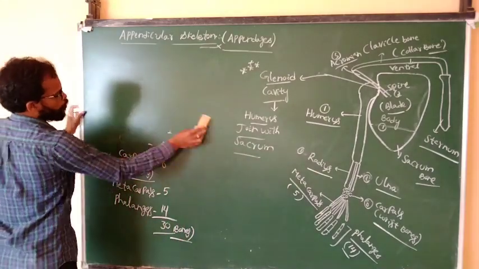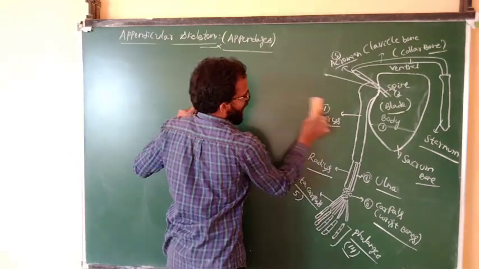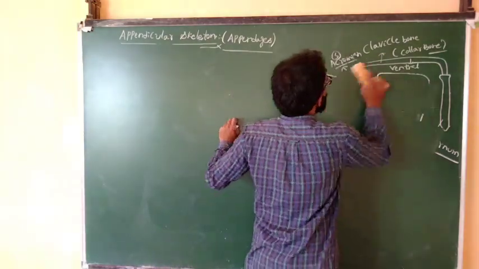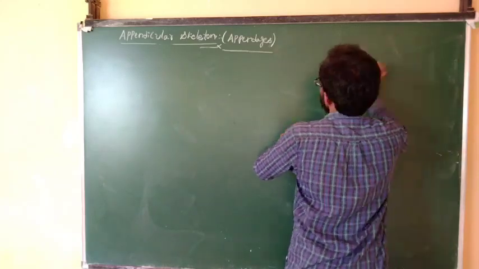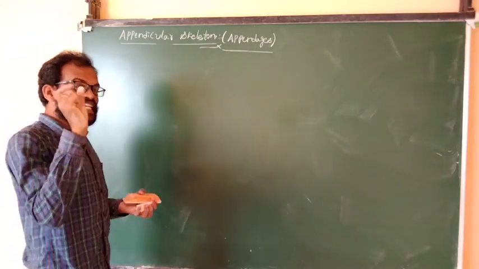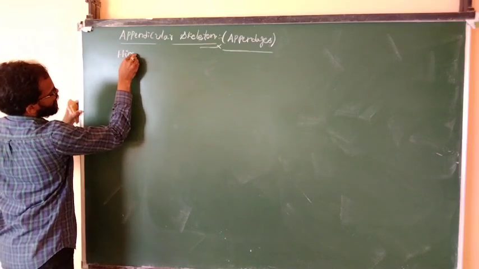The 60 bones. Coming to the hind limb. After the forelimb, the next one is known as the hind limb.